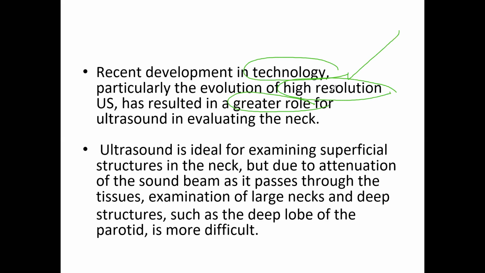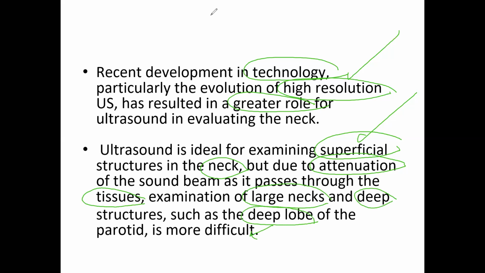Neck is evaluated by this HR ultrasound. So ultrasound is ideal for examining the superficial structures, especially the superficial structures of the neck. And once again, we got the word attenuation here. Attenuation of the sound beam as it passes through the tissues, and you can have the examination of large necks and deep structures, such as the deep lobe of the parotid, which is more difficult.